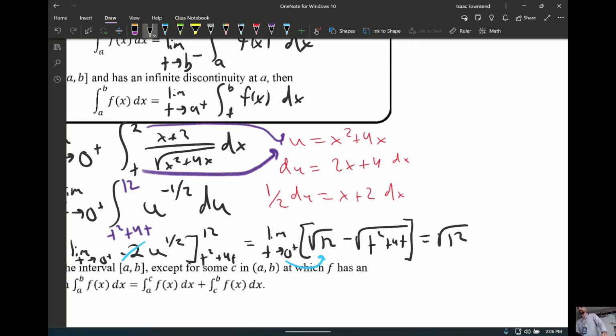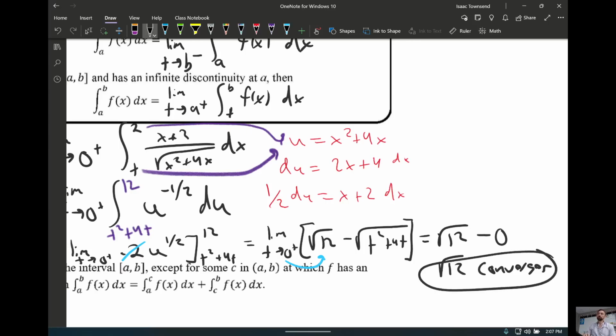If I plug in 0 over here, 0 squared plus 4 times 0 is 0, and the square root of 0 is 0, so this guy converges to the square root of 12. The closer you get to 2 from 0, the closer the area gets to the square root of 12.